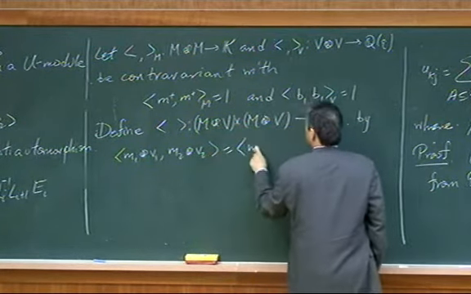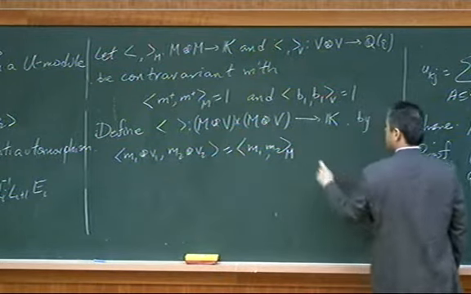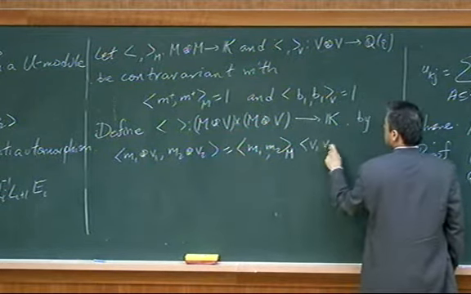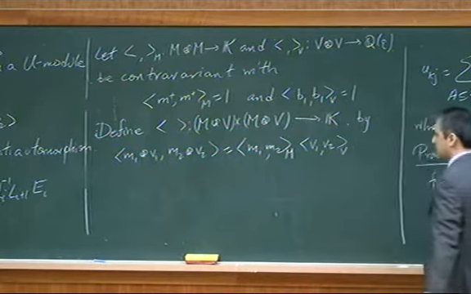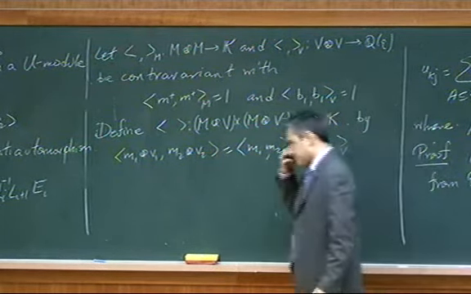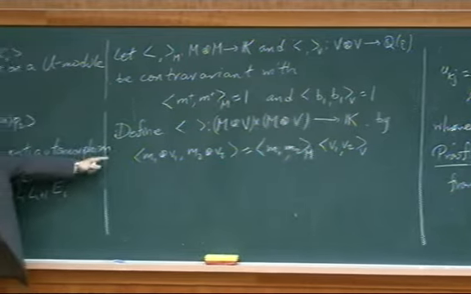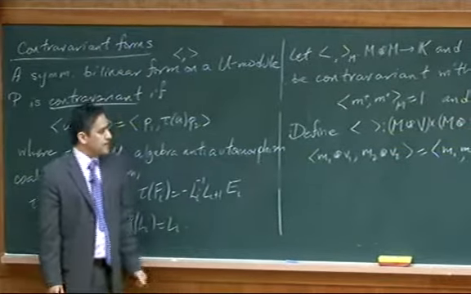So this is M1, M2 under the M inner product, and V1, V2 under the V inner product. And that defines a form on M tensor V. And this choice was made so that the tensor product form will be contravariant.